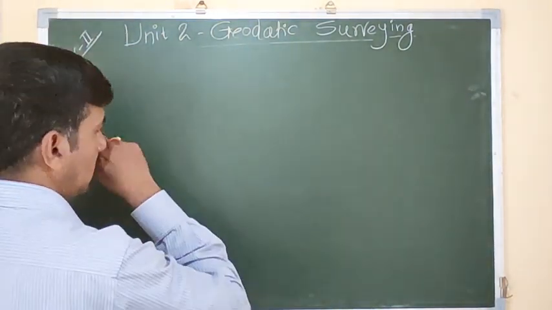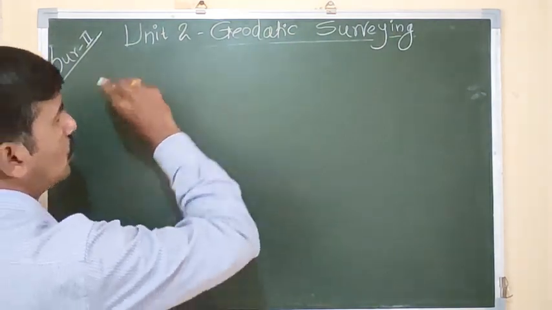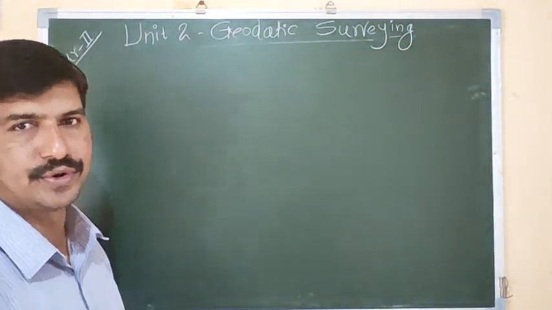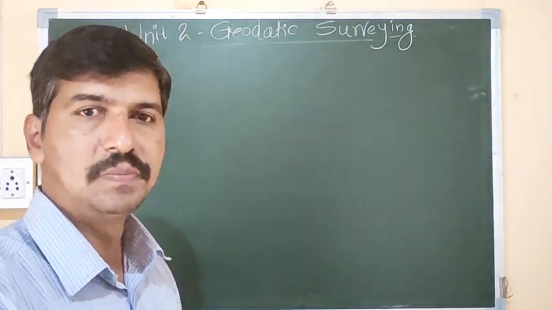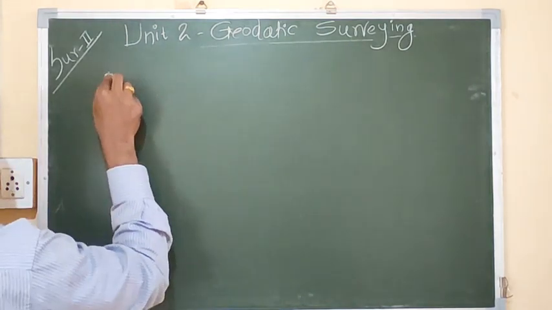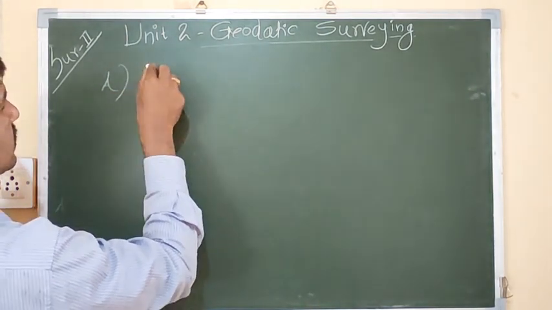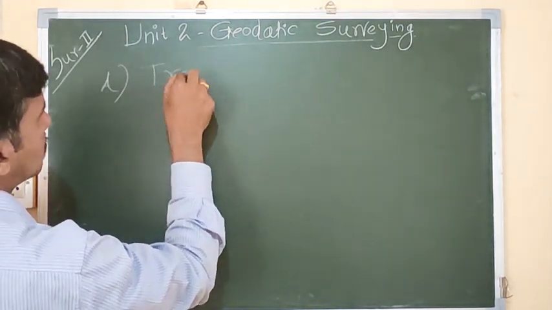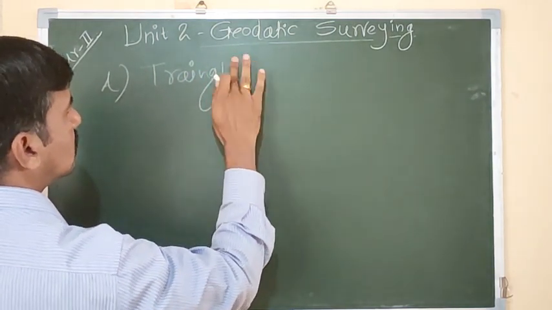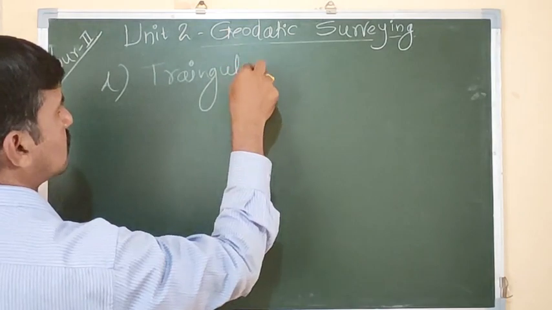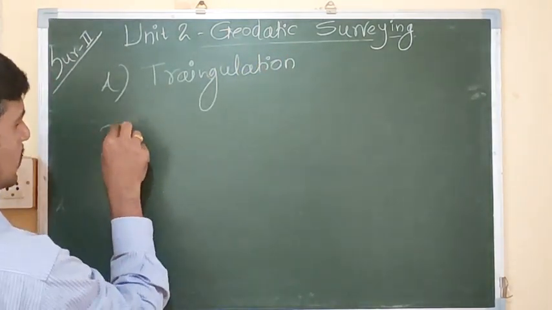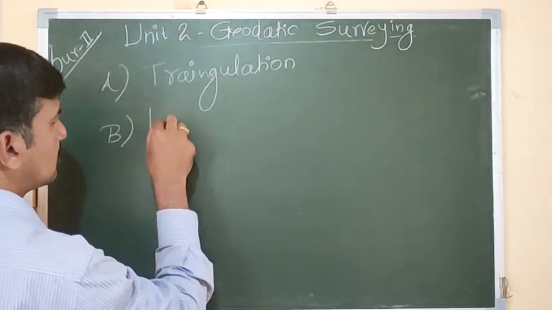So what we are doing is, the whole country will be divided into a number of points. So geodetic surveying can be done by two methods. One is triangulation, and second one is precise leveling.